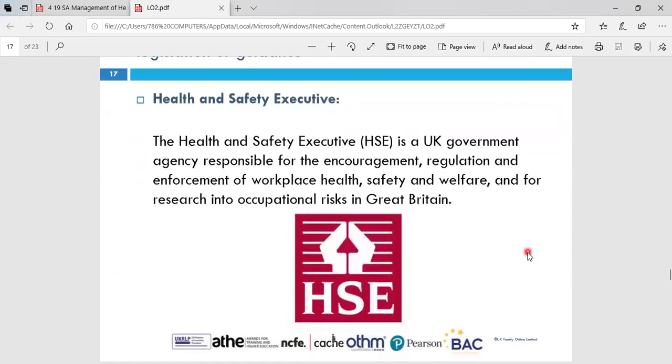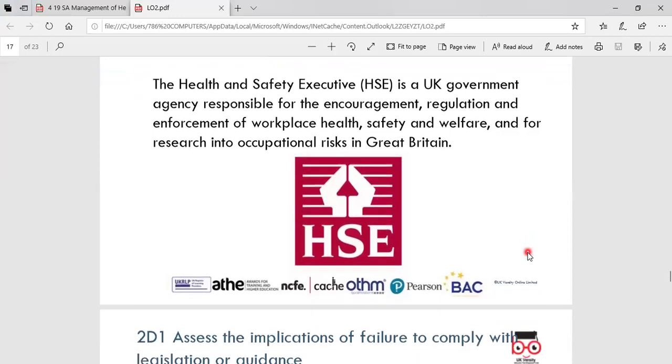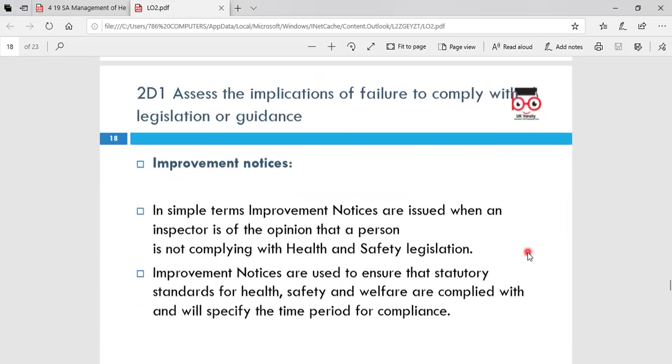The Health and Safety Executive, HSE, is a government agency that's responsible for encouragement, regulation, enforcement of workplace health, safety, and welfare, and for research into occupational risks in GB, Great Britain. When we assess the implications of failure to comply with legislation or guidance, you have improvement notices also.